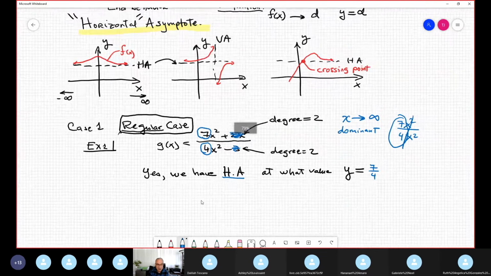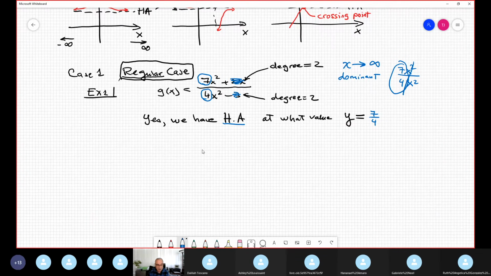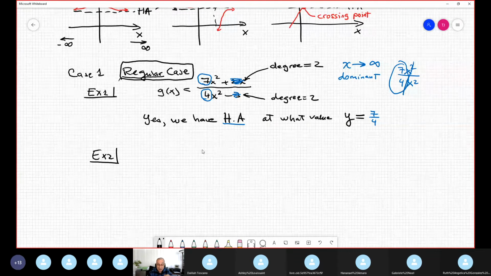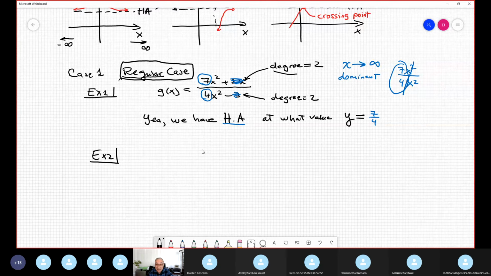Let me try to put two examples to illustrate the idea much better, and you help me to understand this horizontal asymptote. So to find the horizontal asymptote, we are always doing the analysis of the degree. If the degree is the same, we are in the regular case, and the answer is yes. And you obtain it by the ratio of the dominant or leading coefficients.